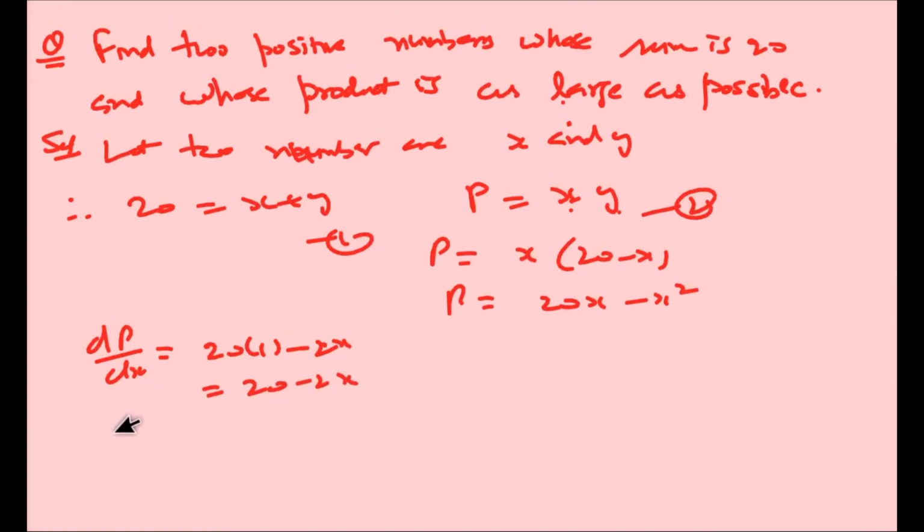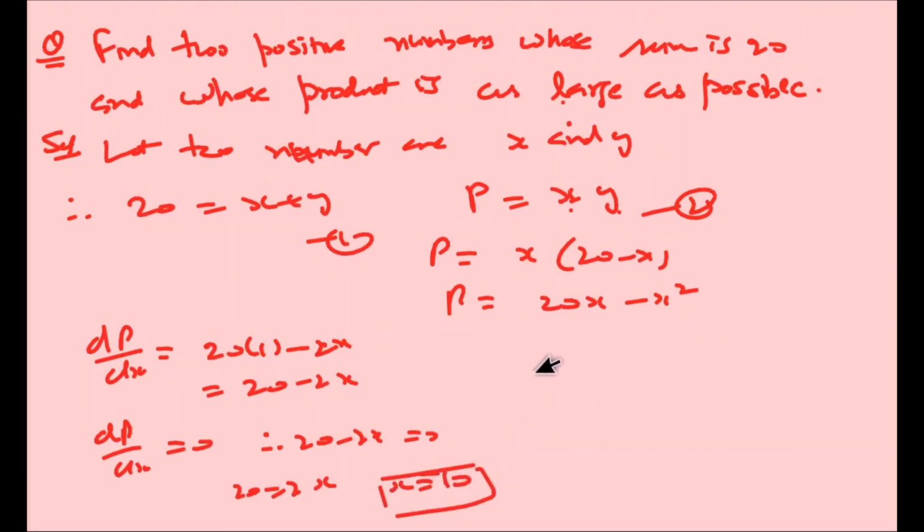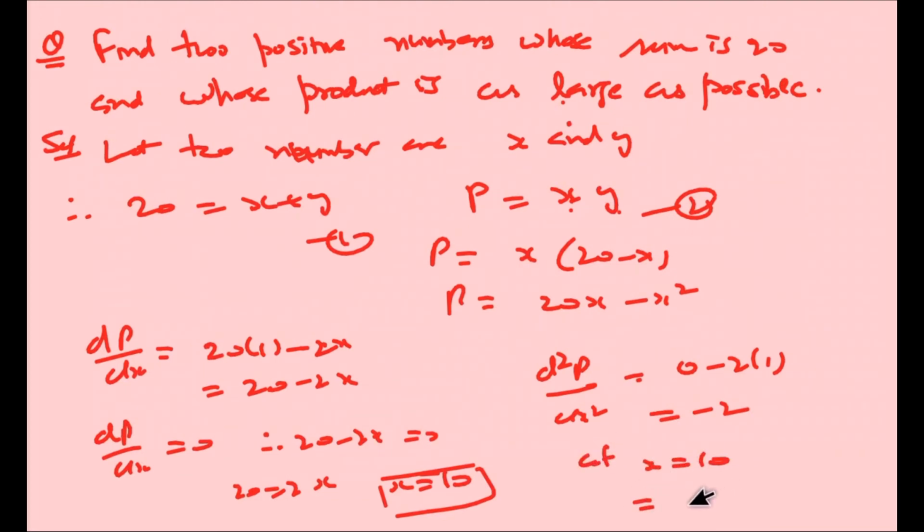Now dP/dx = 0, hence 20 minus 2x = 0, we get 20 = 2x, therefore x = 10. Now d²P/dx², what we got, 0 minus 2 into 1 = minus 2. At x = 10, it is equal to minus 2.